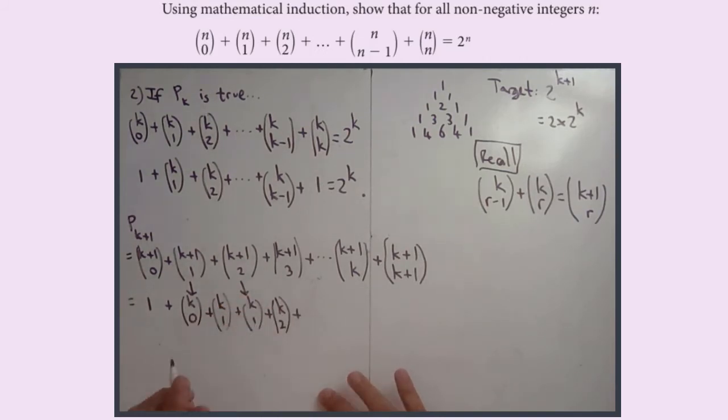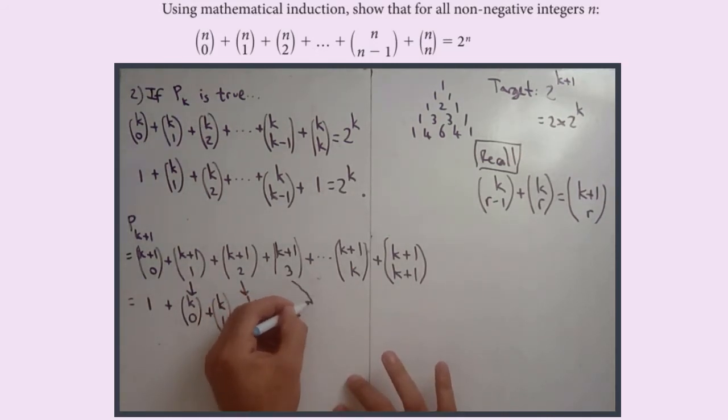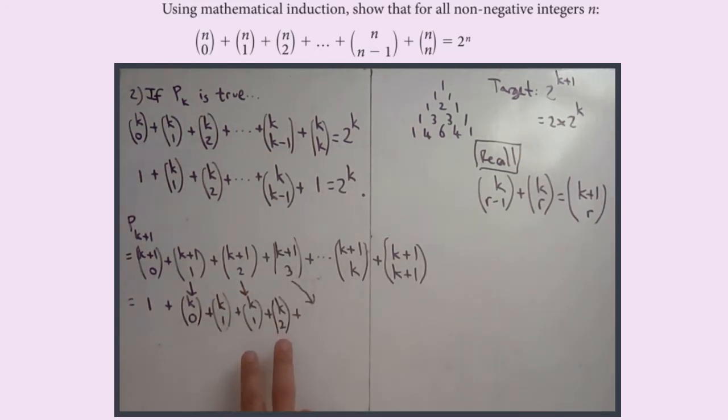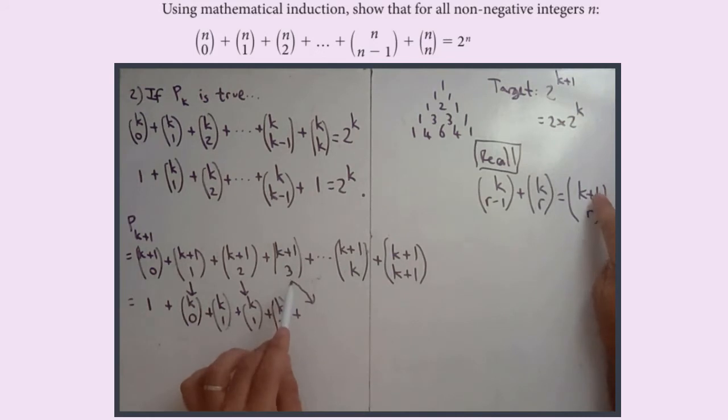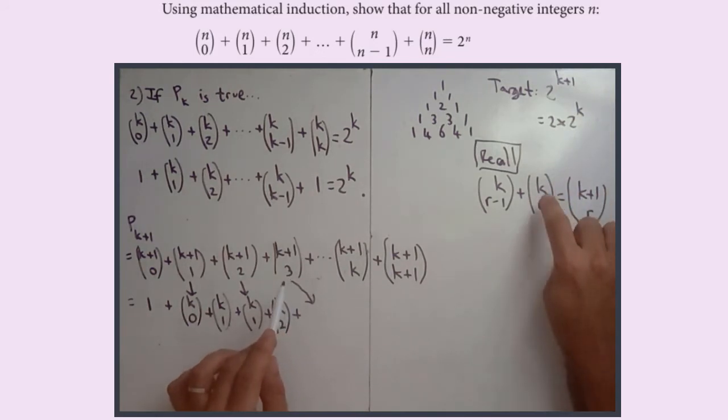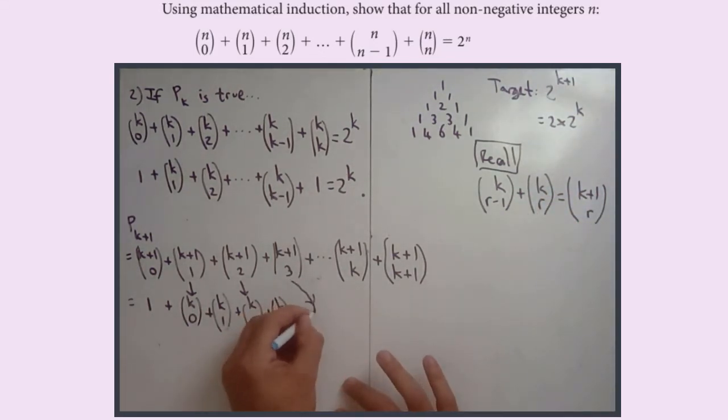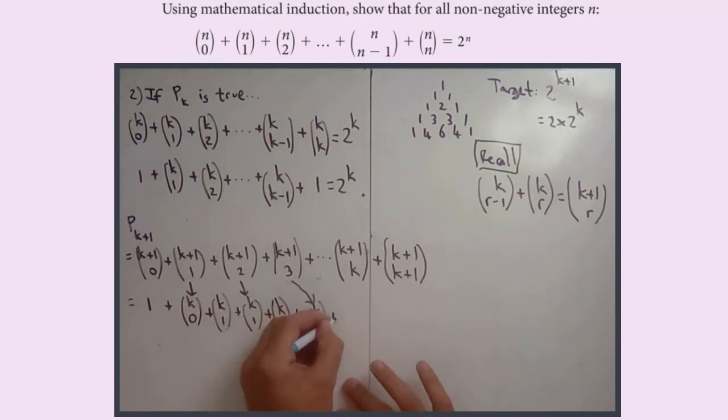Now if you think about the pattern that's going on, I'm going to do exactly the same thing for this. You should be able to just look at these and say that's going to be kC2 and kC3. If not, just look at this: (k+1)C3 is going to be kC2 plus kC3.